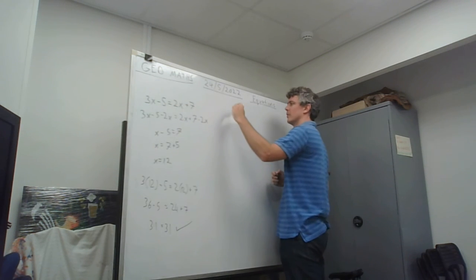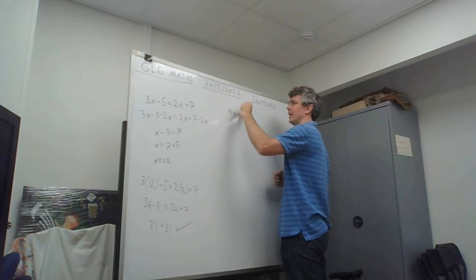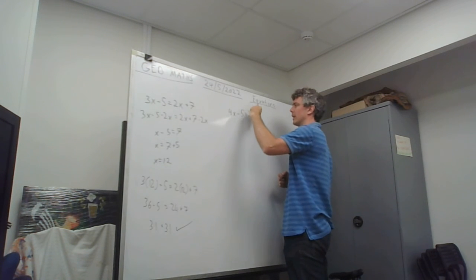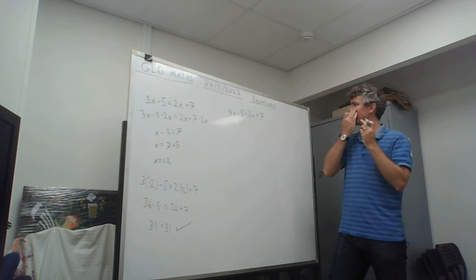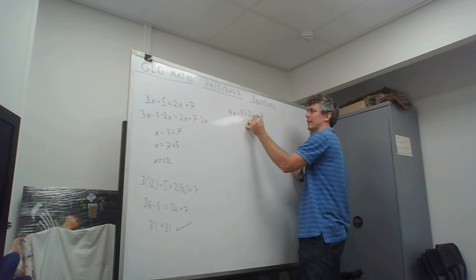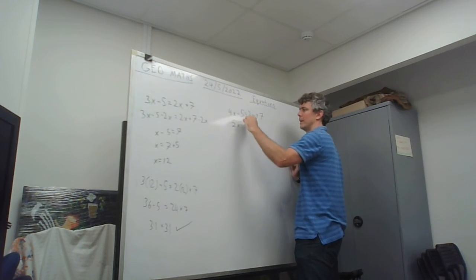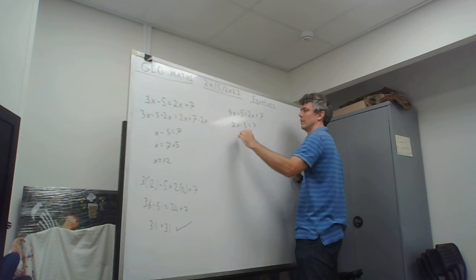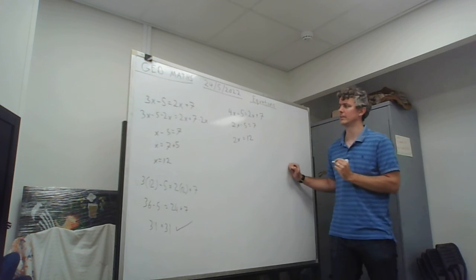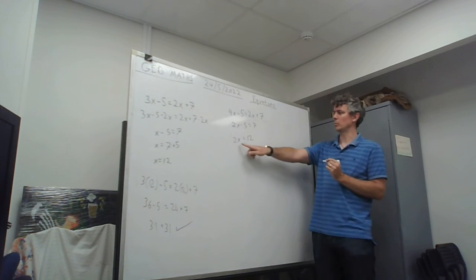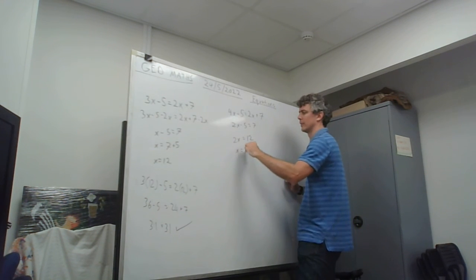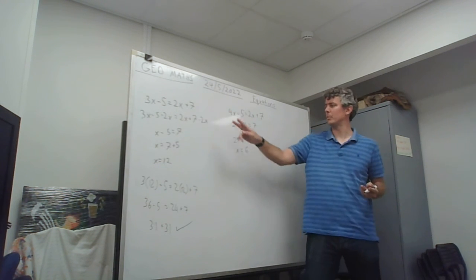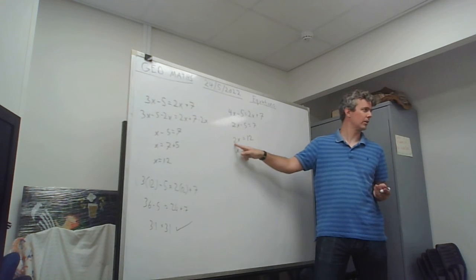But this time it's 4x minus 5 equals 2x plus 7. Very similar one. But now when we subtract 2x from this side, we get 2x minus 5 equals 7, and 2x equals 12, right? So then we have to just divide by 2, right? So x equals 6.